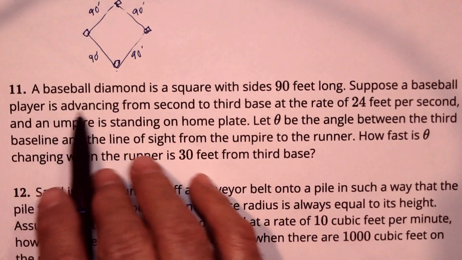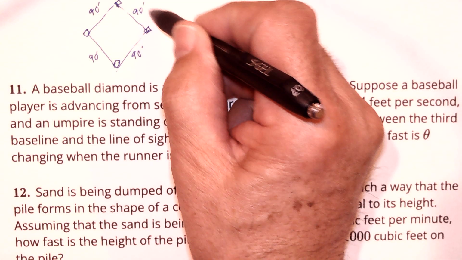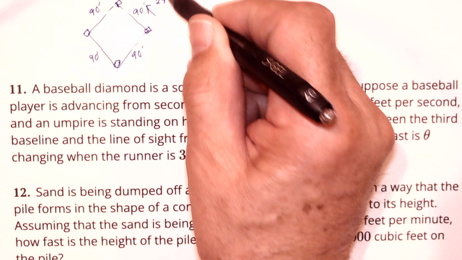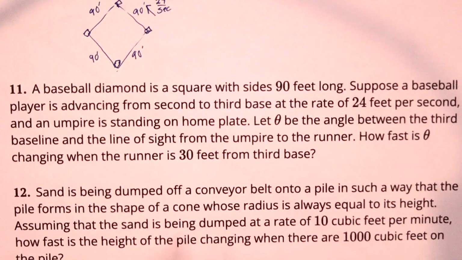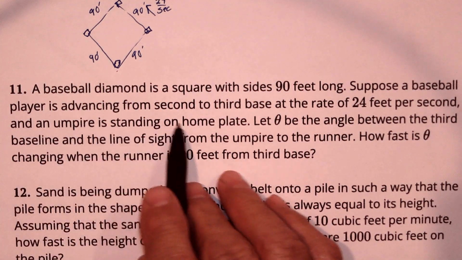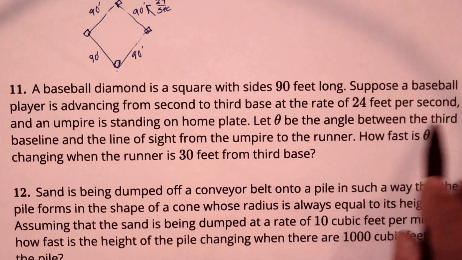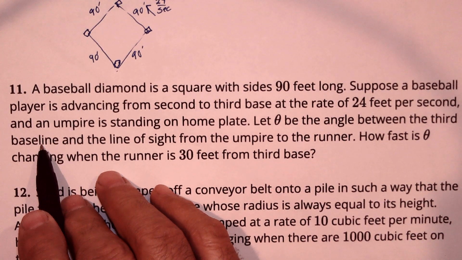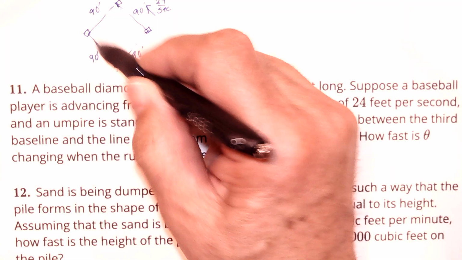Suppose a player is advancing from second to third base at 24 feet per second. So that's a rate, 24 feet per second. An umpire is standing at home plate. Let theta be the angle between the third baseline and the line of sight of the umpire to the runner.